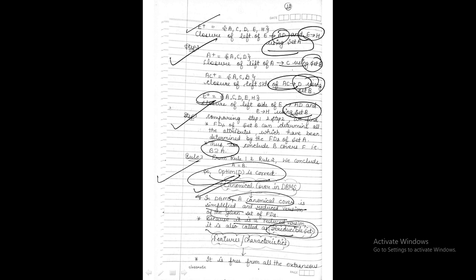And it is free from all extraneous functional dependencies. The closure of it is the same as that of the given set of functional dependencies. And it is not unique and there may be more than one for a given set of functional dependencies.